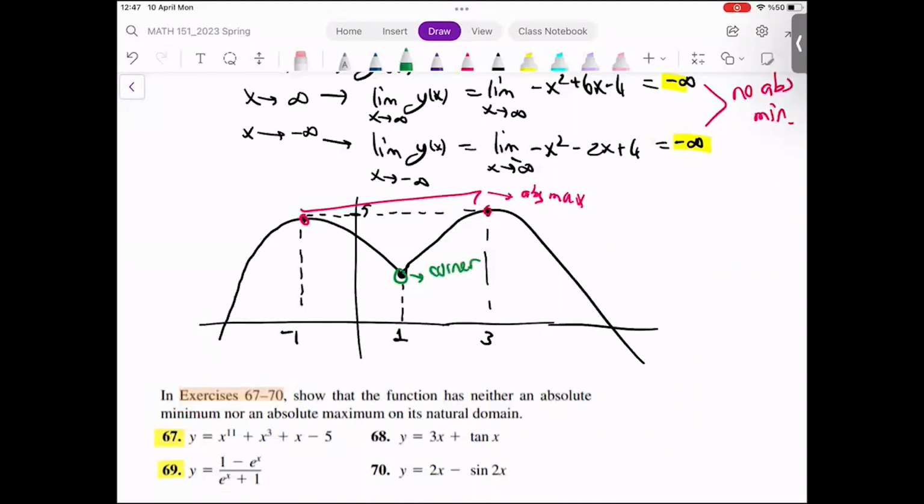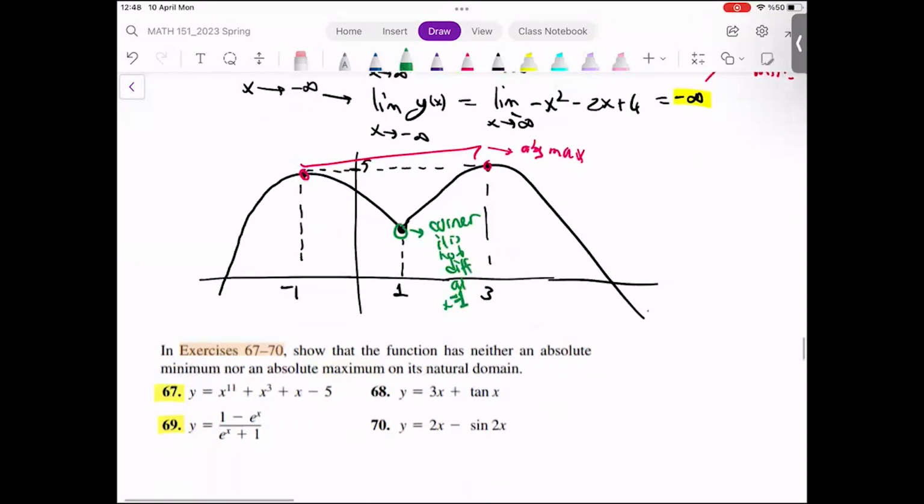We covered this last week, remember? It is not differentiable at x equals 1. See, everything makes sense. And you see, no absolute min, because it keeps decreasing and decreasing. Okay? I think we should stop here.